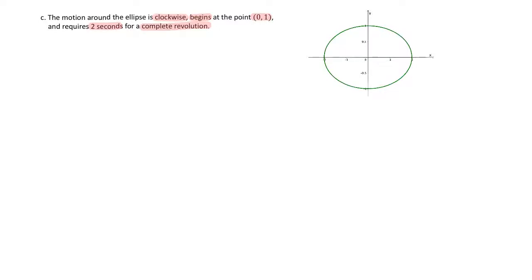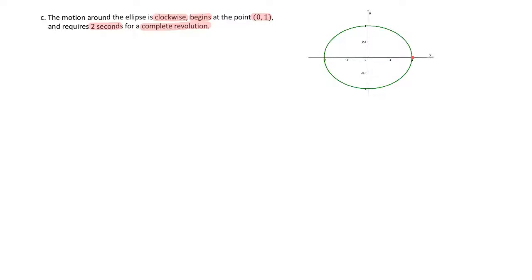I am hoping that you are now realizing that the set of parametric equations that we built and used in parts A and B are going to be a bit useless here. And that's mainly because of the starting point. In those equations, the starting point was always located right here at (2, 0).